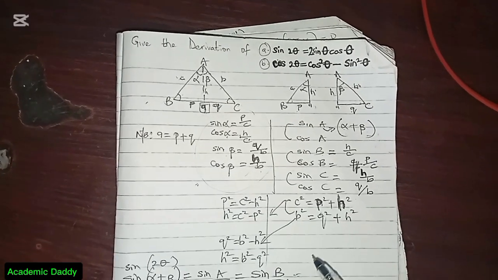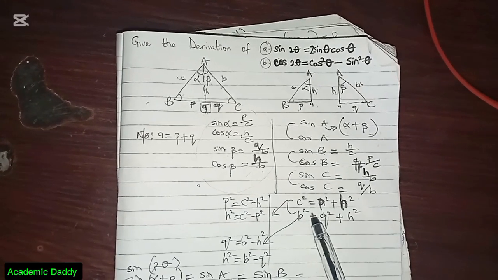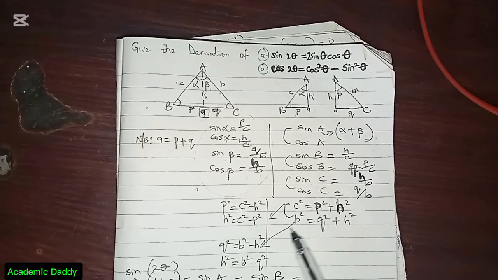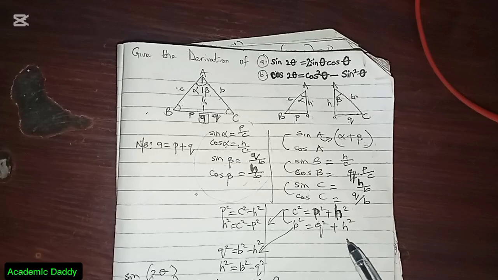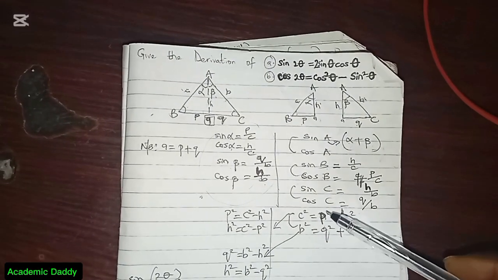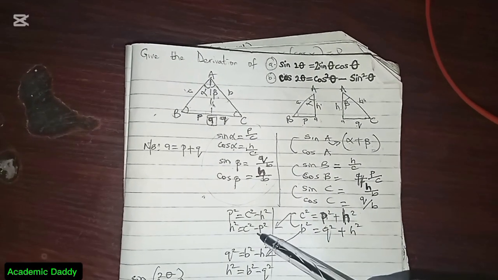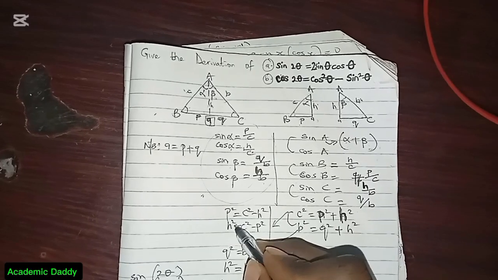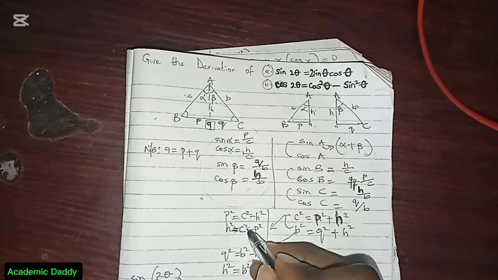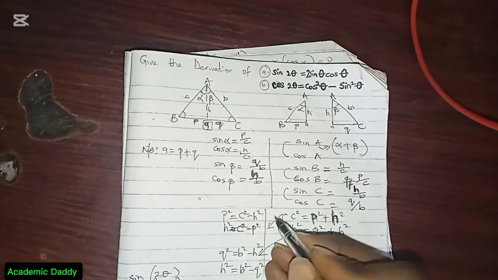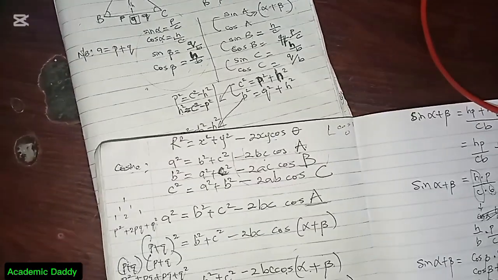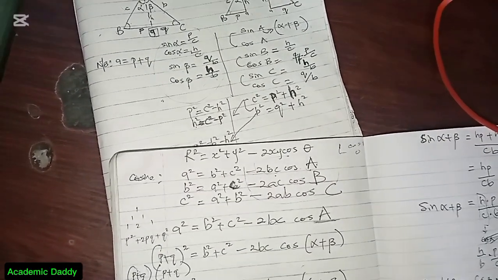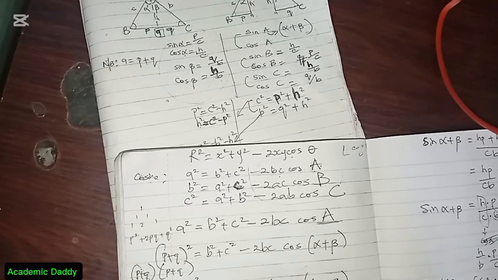Or I won't forget and then solve myself into confusion. So notice that from here, I see C squared minus P squared. When I did this Pythagorean identity, C squared minus P squared, when I find out the things on the side, is equal to H squared. So I will just replace everything here by H squared. But before I do that, I will collect this Q that is here.